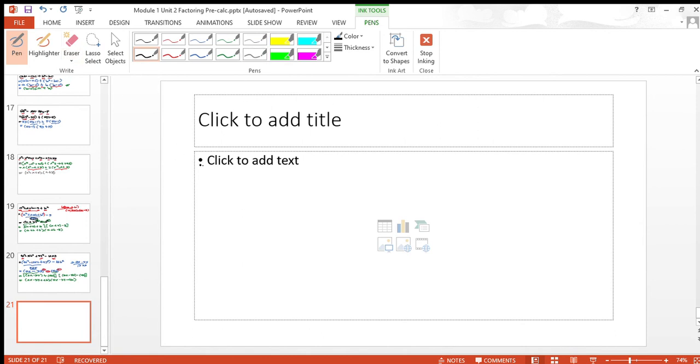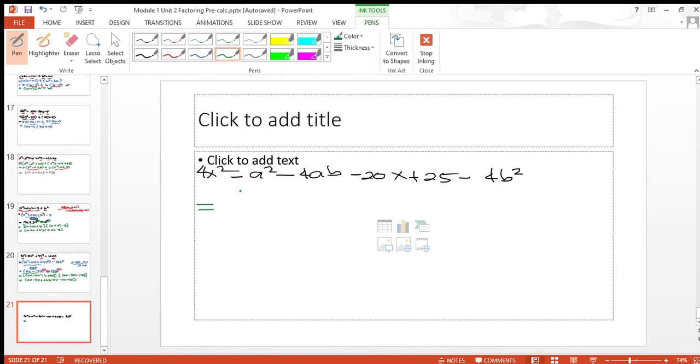Let's say we have 4x squared minus a squared minus 4ab minus 20x plus 25 minus 4b squared. Again, when you will be doing factoring by grouping, you really need to be very observant.